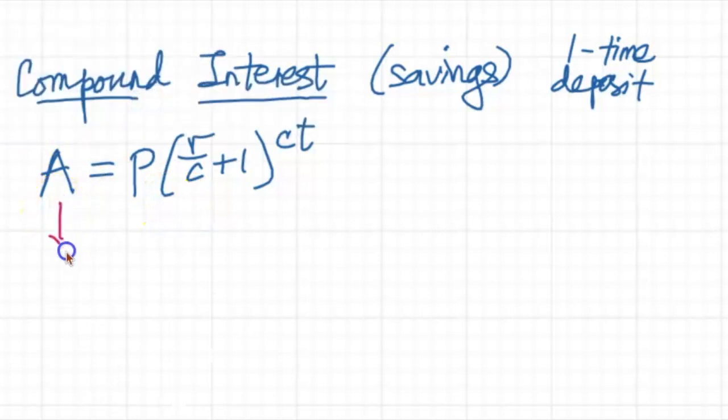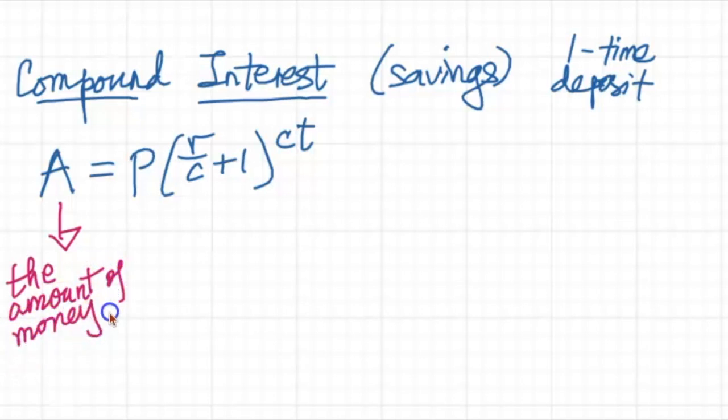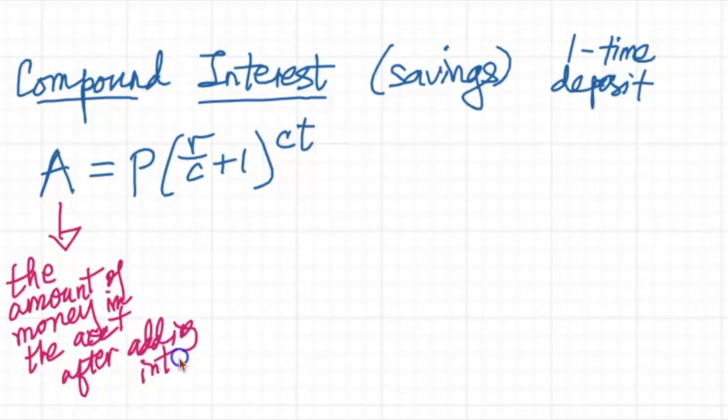Now, this A here we refer to as the amount of money in the account after adding interest. So it's the final account balance after a certain time where interest has been activated: how much money is in the account when it's all said and done.